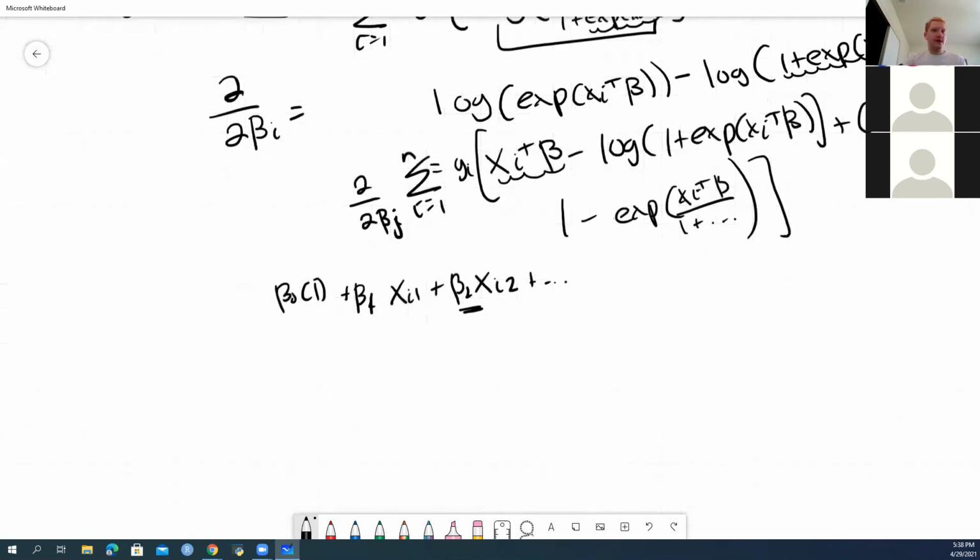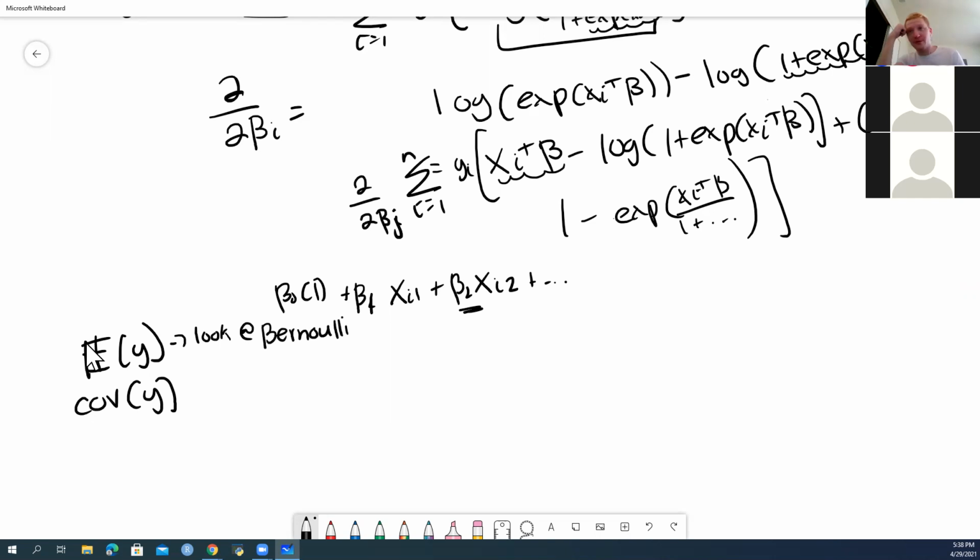That's that one. The other two in this problem are not as difficult. They ask about the expected value of y and the covariance of y. My recommendation for both is to look at it like a Bernoulli, because this is really just the joint of a bunch of independent Bernoullis.